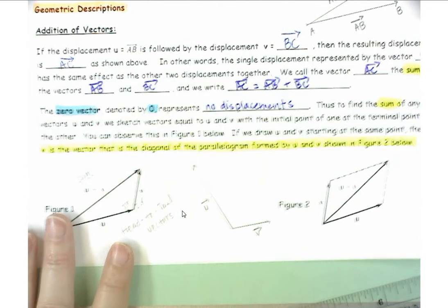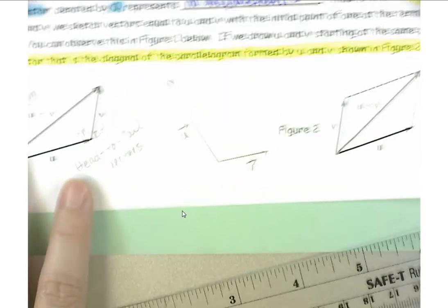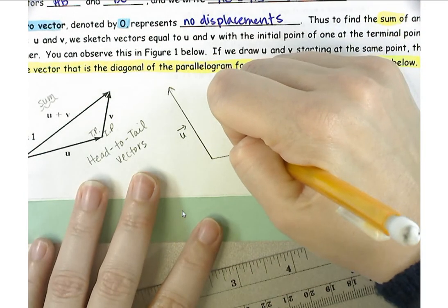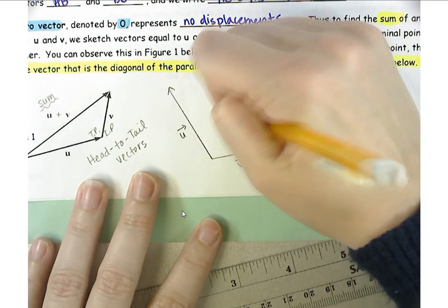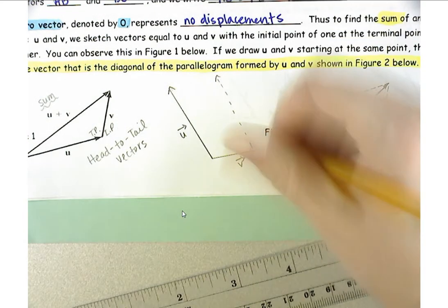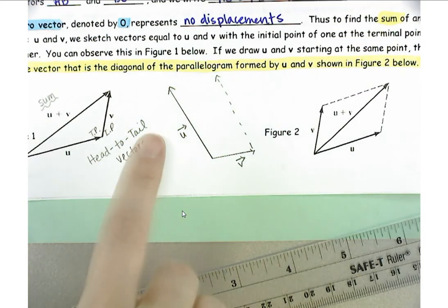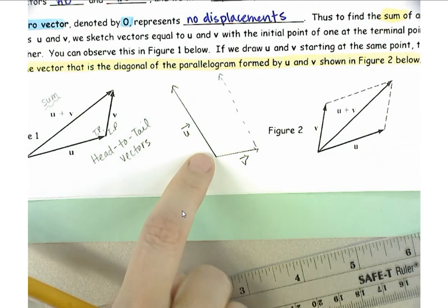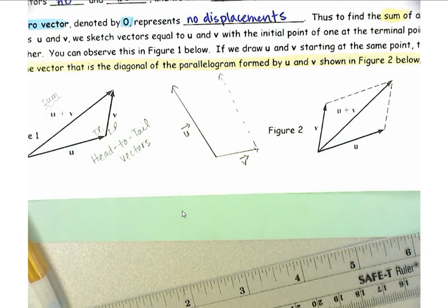Now remember how I said earlier that vectors can exist anywhere? That means that this vector can exist here, and that's going to form the parallelogram. So I want you to draw in the diagonal of that parallelogram.